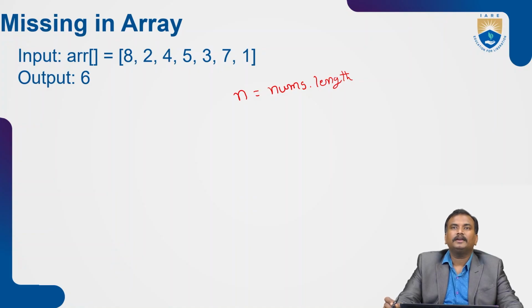So we have to take n is equal to array dot length plus 1. That we need to change.